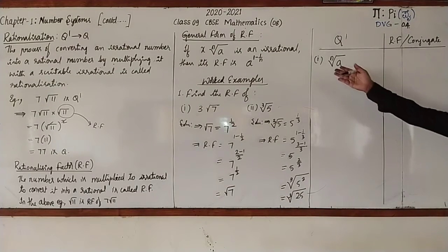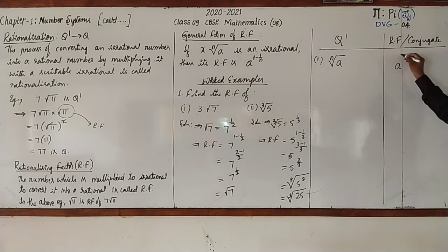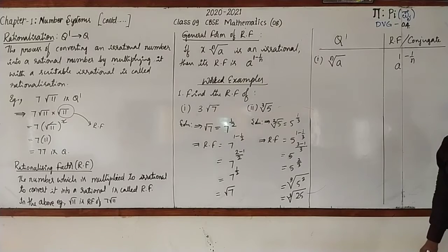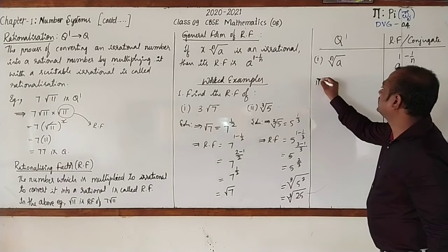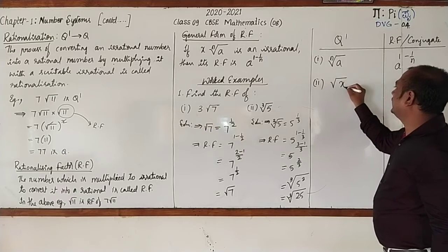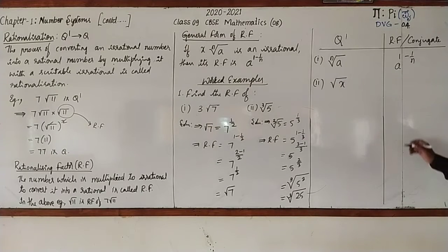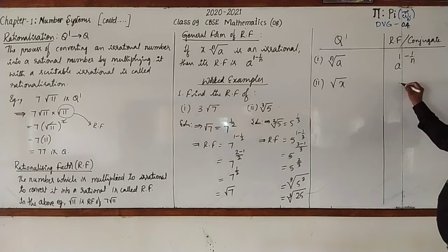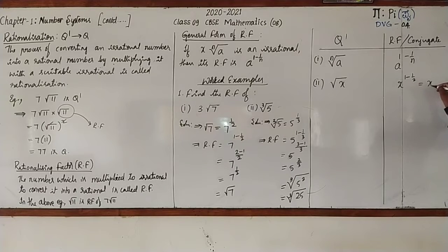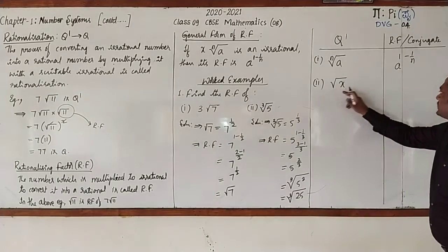Nth root of a, we have already written, it is a raised to the power 1 minus 1 by n. Then it is root x. How do you write? This is x raised to the power 1 minus 1 by 2. When you simplify this again, it will be equal to x raised to the power 1 minus half. 1 minus half is half. X to the power 1 by 2 is again root x. So we can write the rationalizing factor of root x as root x only.